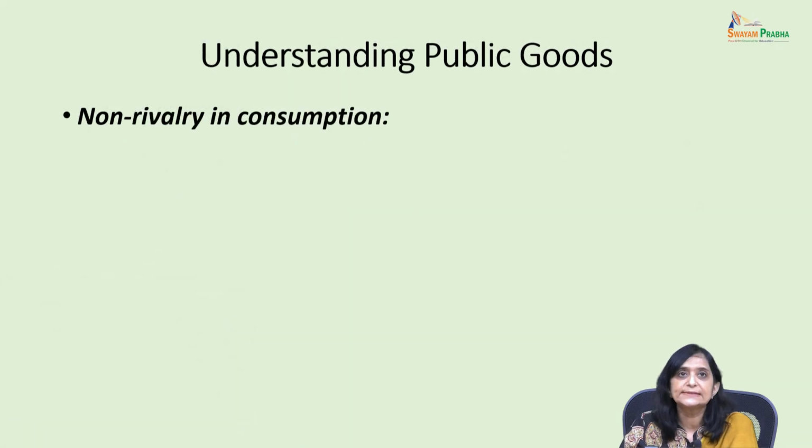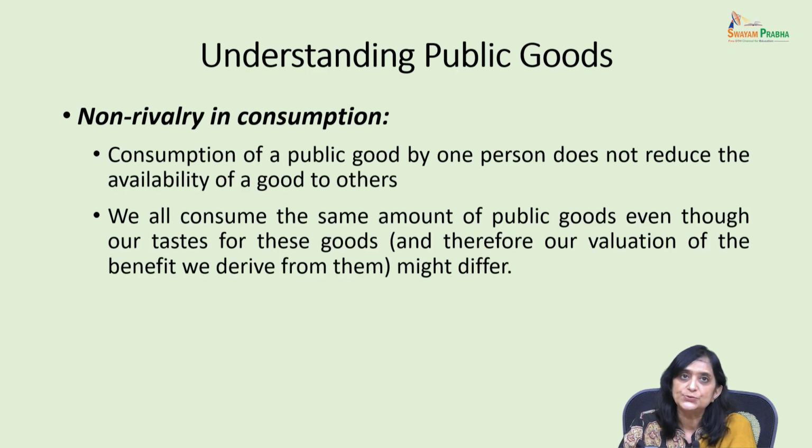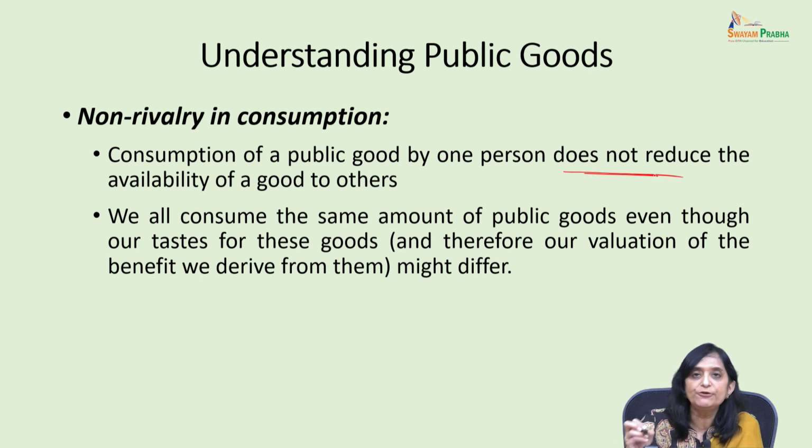The second characteristic which we have said about the public good is that it is non-rival in consumption, meaning that the consumption of the public good by one person does not reduce the availability of the good to others. So, we all consume the same amount of public good even though our tastes for these goods may differ.